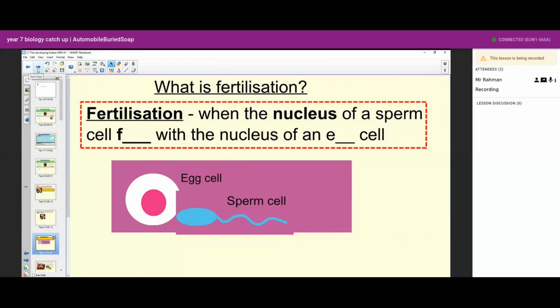Once fertilization happens, what's the whole purpose of fertilization? What does it create, and what happens next? I'm sure you all know that fertilization is how the beginning of our creation as human beings began.